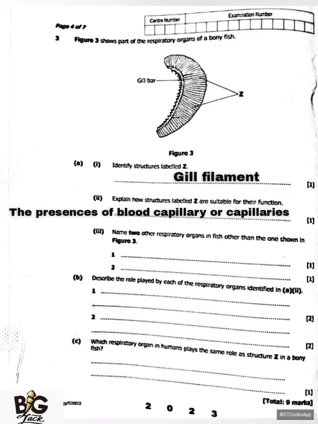Then as for Roman numeral 3, saying, name 3 other respiratory organs in fish other than the one shown in figure 3. Name 2 other respiratory organs in fish other than the one shown in figure 3.